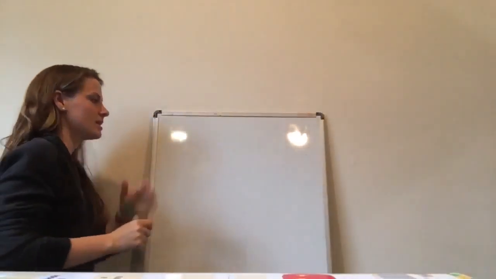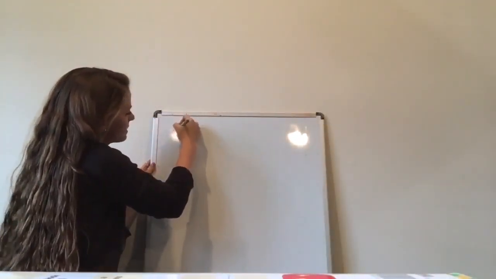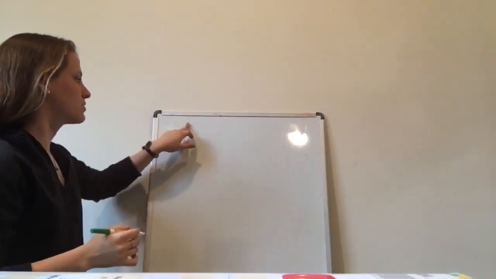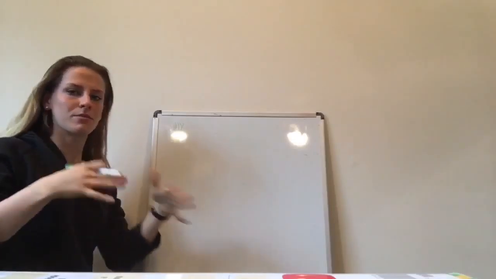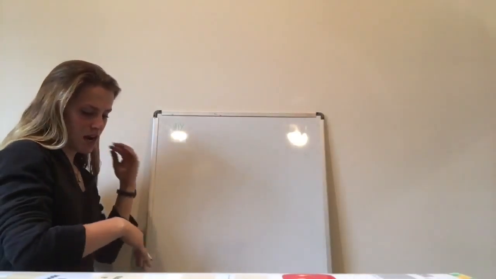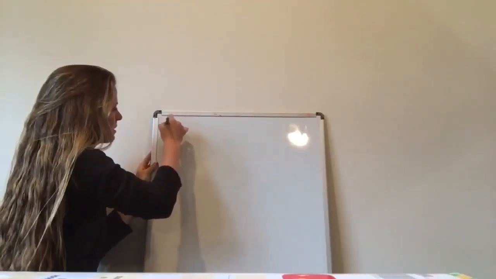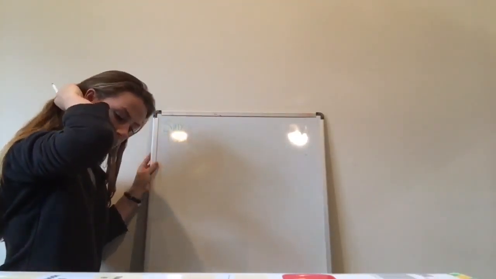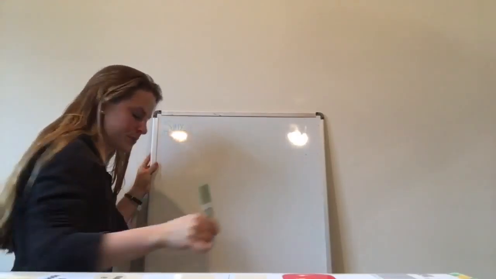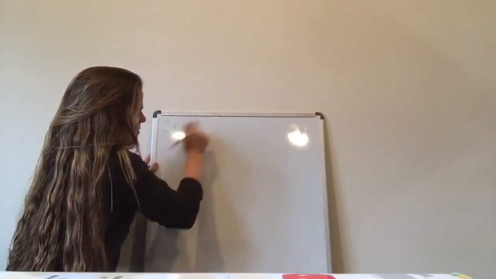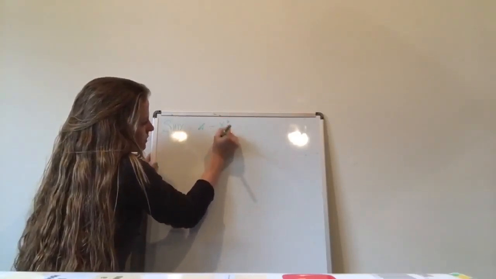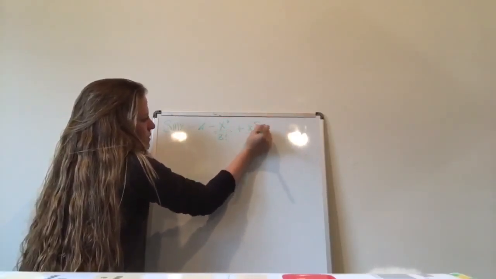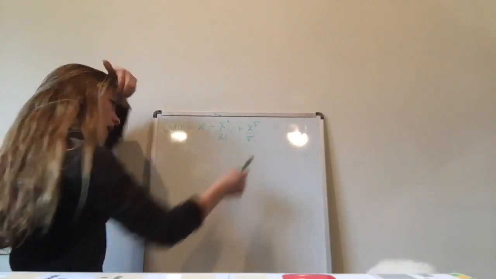Okay, so we have sine x, and as you saw in the other video, after you divide everything out, you see the pattern, and so you see that it goes to x minus x cubed over 3 factorial plus x to the 5th over 5 factorial, and so on.